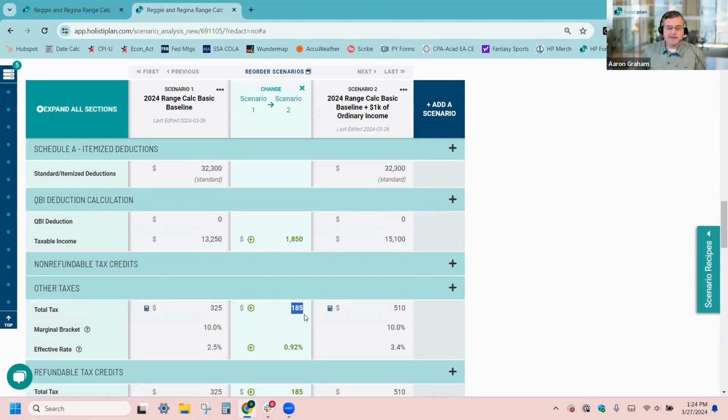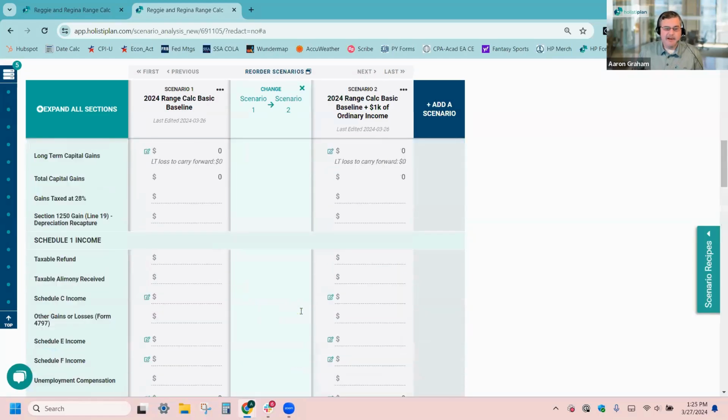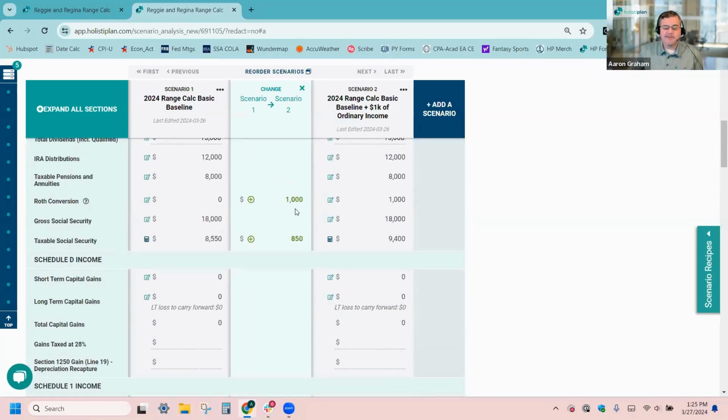My third grade math teacher would be proud. 185 times 10%, or excuse me, 1,850 times 10%, maybe she won't be proud. 1,850 times 10% is going to get you your total tax of 185. And that's why you're seeing a total tax of 185 divided by your $1,000 as you enter in the scenario. That's where we get the 18.5% net effective rate on that $1,000 slice.